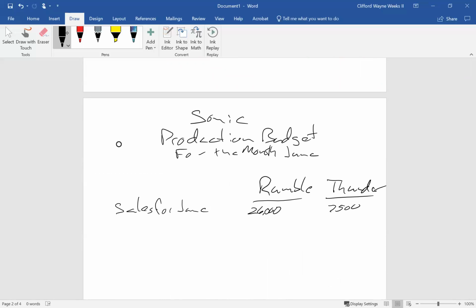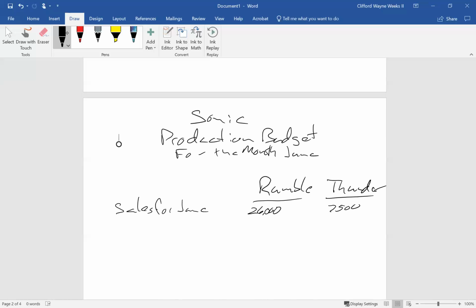Hope that makes sense. Well, we don't want to just make enough. We don't want to just make 26,000 Rumble speakers, because what if we sell 26,200? We don't have enough there, do we? And so what we want to create is this idea of a cushion.